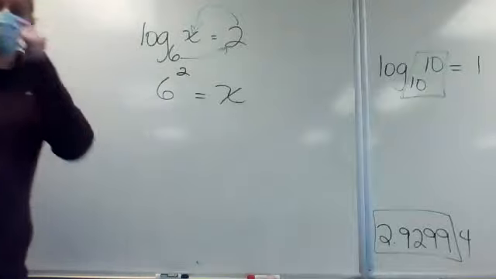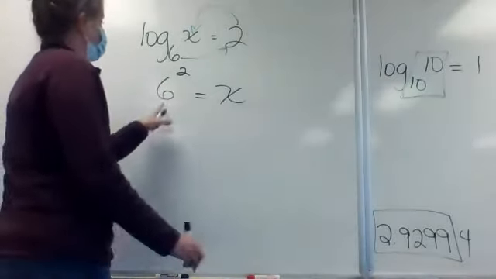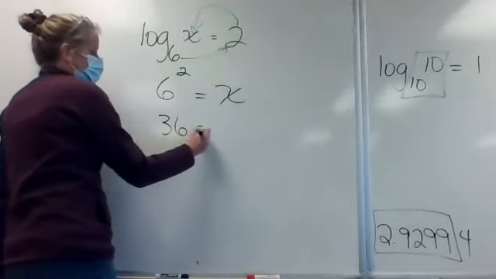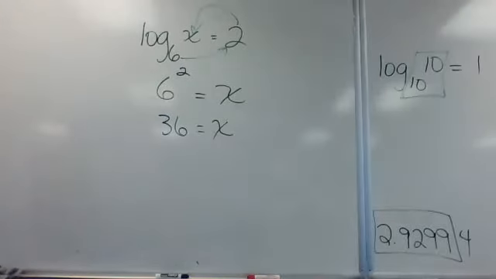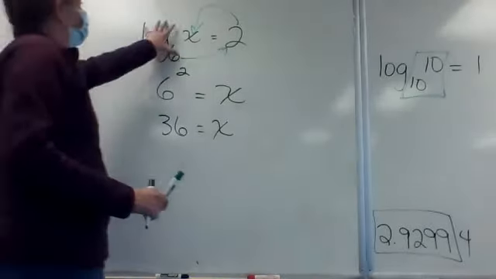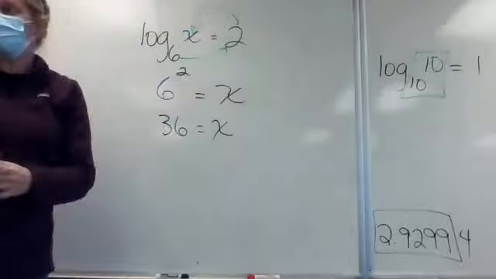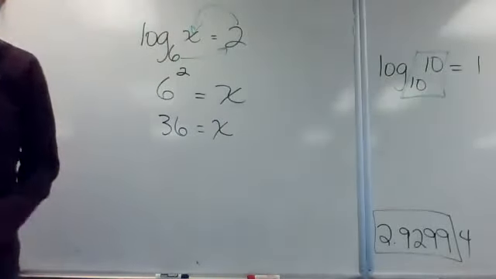So now that I've changed it to an exponential equation, the x is isolated, all by itself. I just need to realize what 6 squared is, which is 36. So if your equation only has one log in it, turn it into an exponential equation by using what we did in that log section.